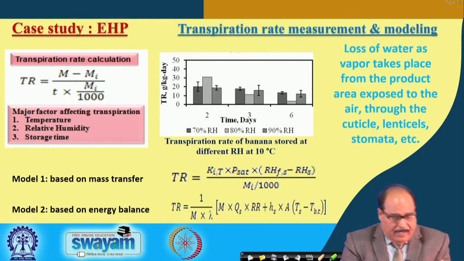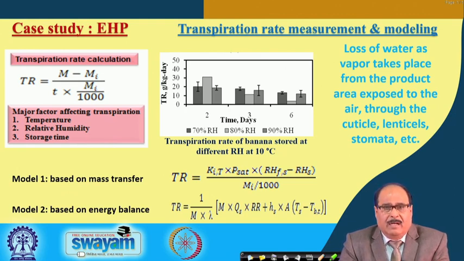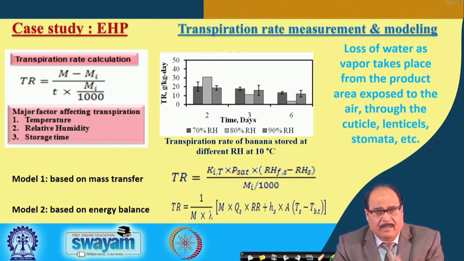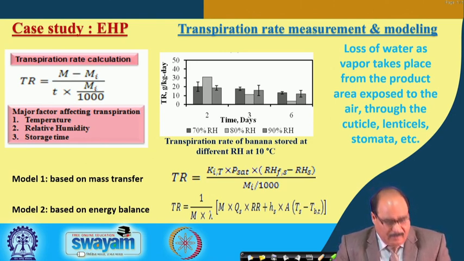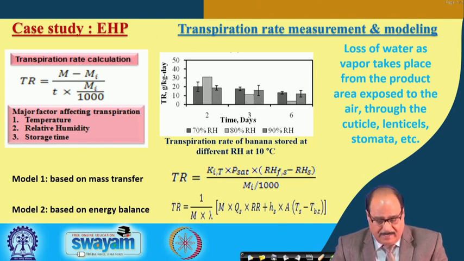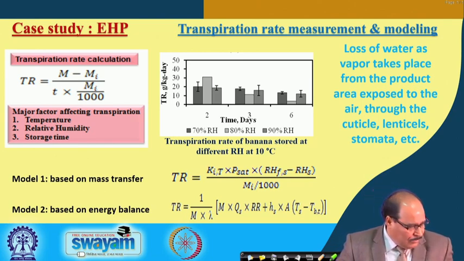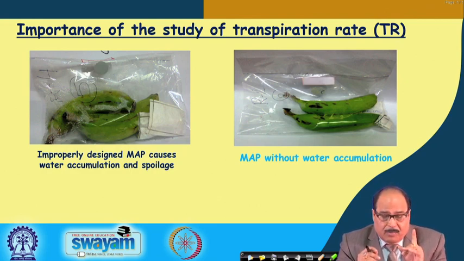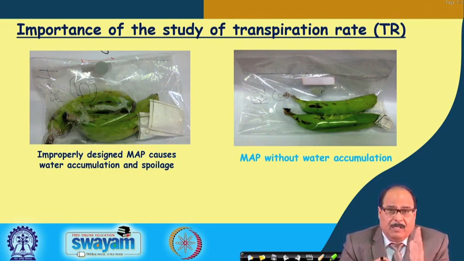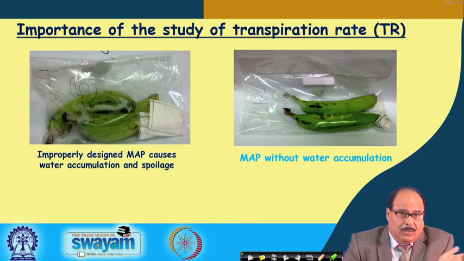So there are a few models for the calculation of the transpiration rate which are suggested in the literature. The models are based on the mass transfer, that is the weight loss, or one can also calculate the transpiration rate on the basis of the energy balance, and these are the equations one can use. But this transpiration rate measurement is very, very important, as I told you earlier also.